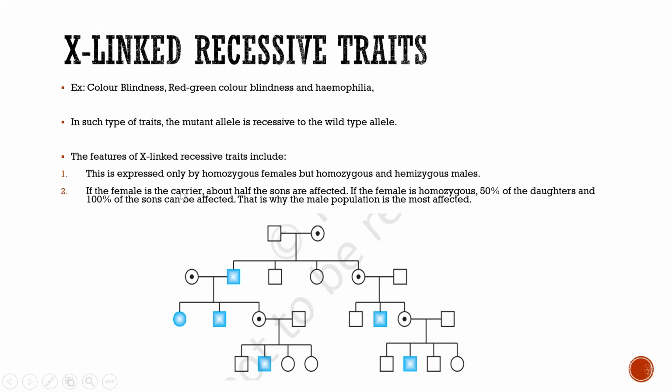If the female is a carrier, please listen here, about half of the sons will be affected. If the female is homozygous, meaning she is already affected, then there is a 50% chance that daughters will be affected, and all the sons will be affected.